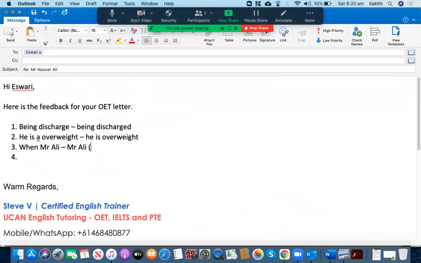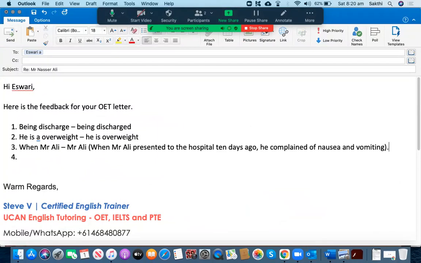For instance, I can write: When Mr. Ali presented to the hospital 10 days ago, comma, he complained of nausea and vomiting. This is just a general structure, but this is how you need to write the complete sentence. This is just an example only.